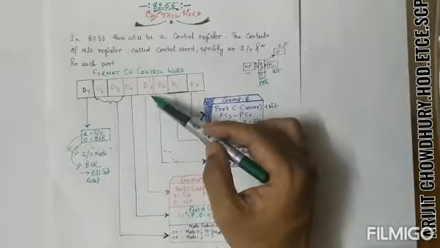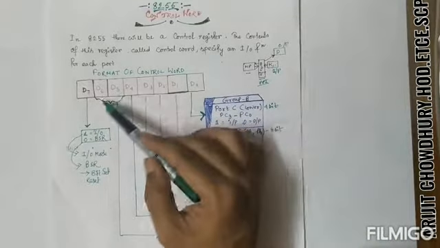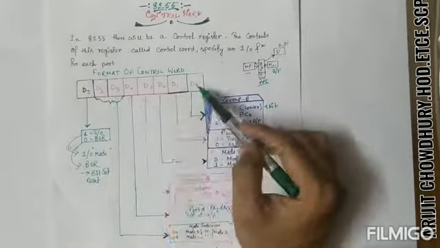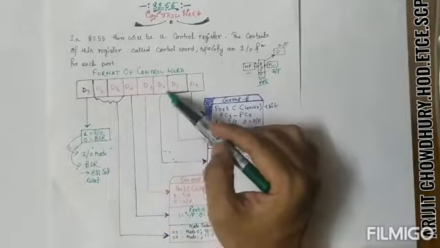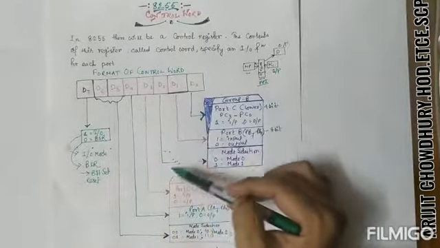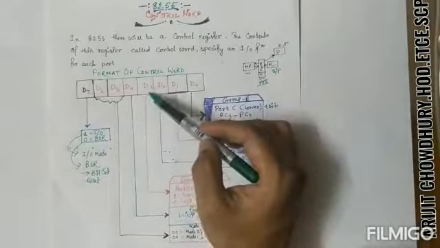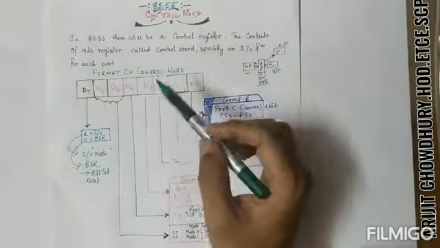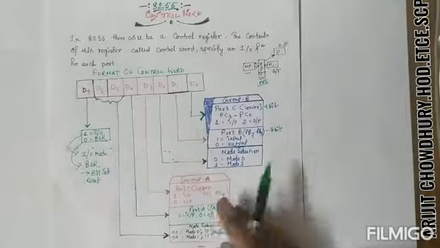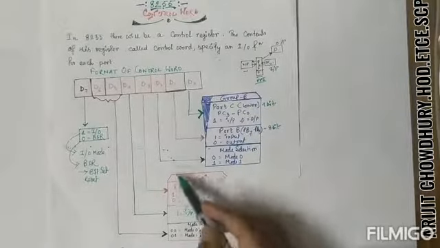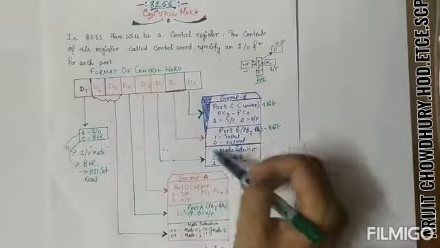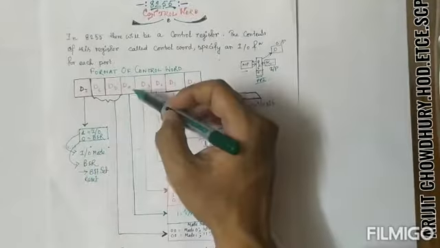D0 to D2 indicates the group B part. D3 to D6 indicates or specifies the group A function. This is group A and this is the group B function.